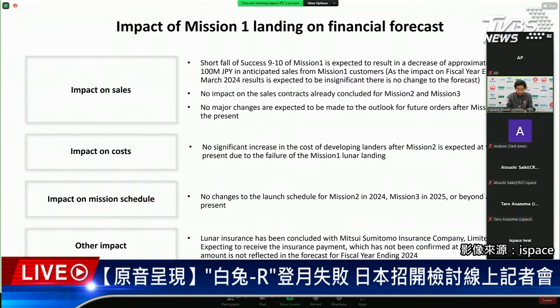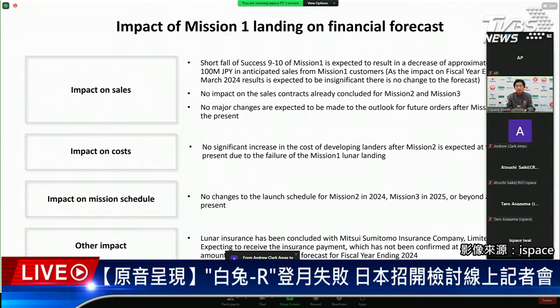So we don't have any change of cost for Mission 2 and Mission 3 due to this failure of Mission 1. As for the schedule of future missions, we don't have any plan to change Mission 2 and Mission 3 due to this Mission 1 failure. We plan to launch as scheduled: 24 for the second mission and 25 for the third mission.